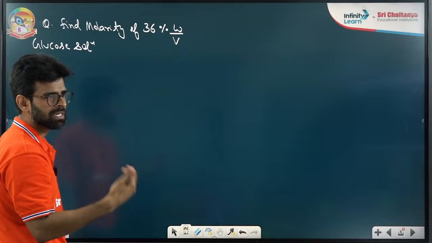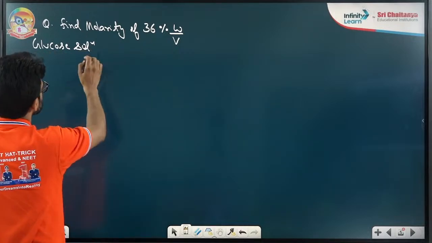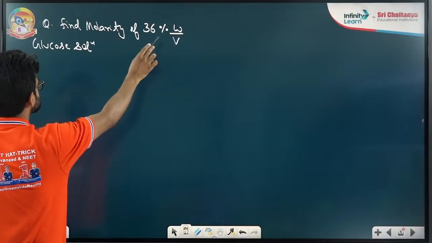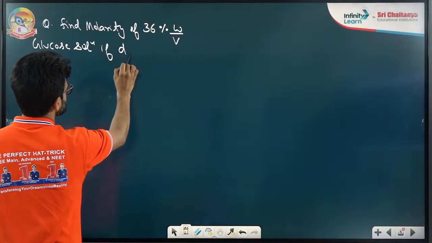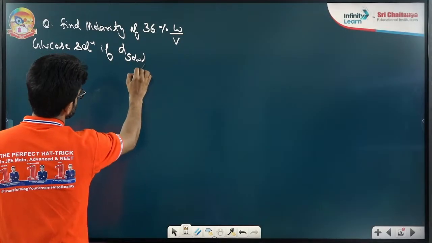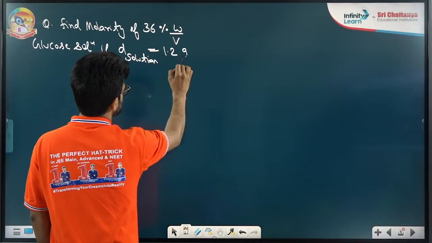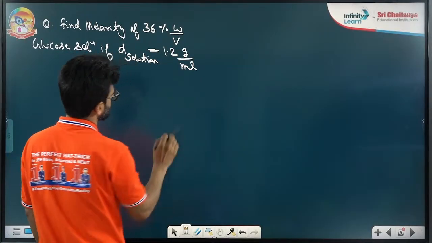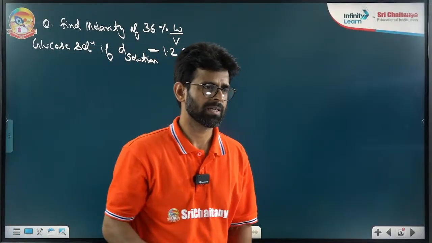These are hypothetical, okay? So density I am writing like whatever I am thinking. If I am saying the density of solution is 1.2 gram per ml. Something is given to us, right?